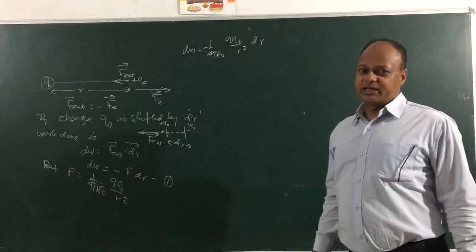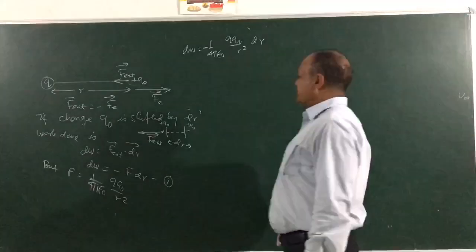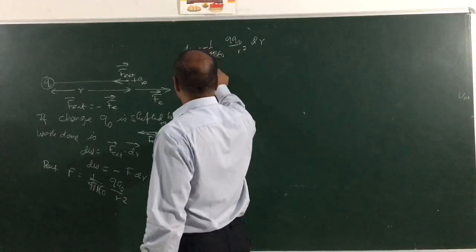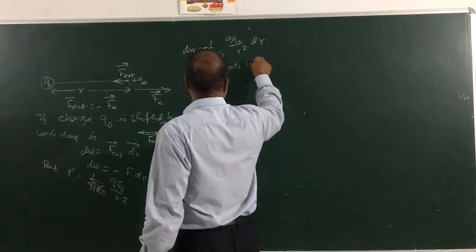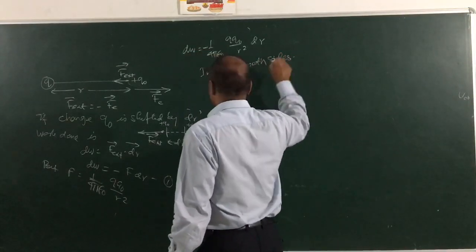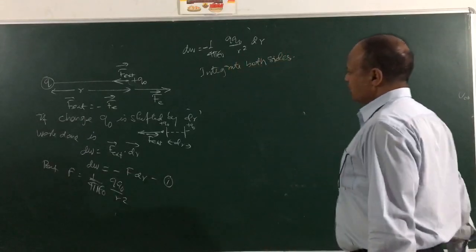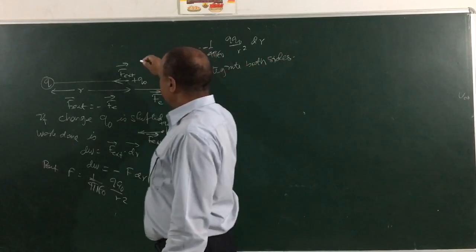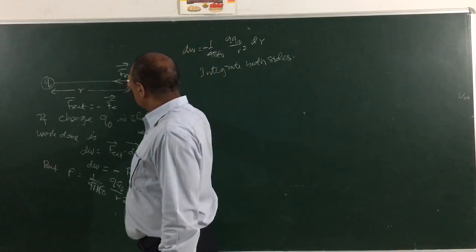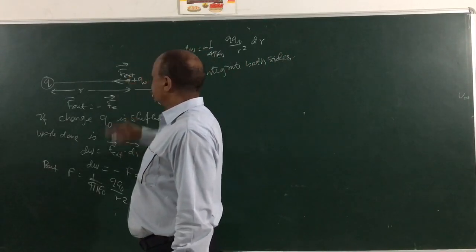Now we'll integrate both sides and we'll set up the limits. Actually, test charge Q naught is coming from where? Infinity, and we are finally placing it here.